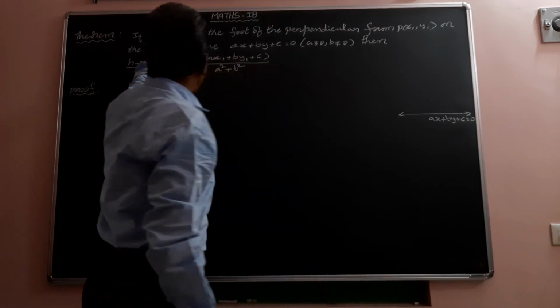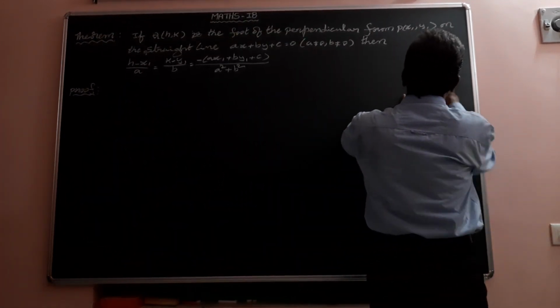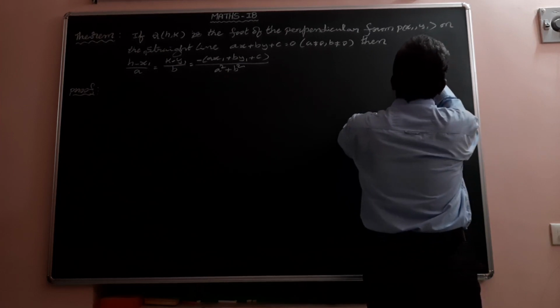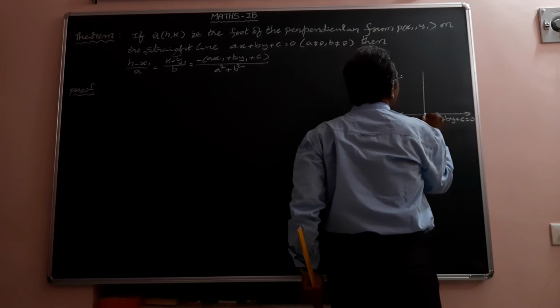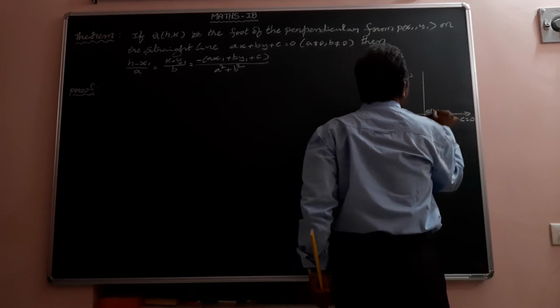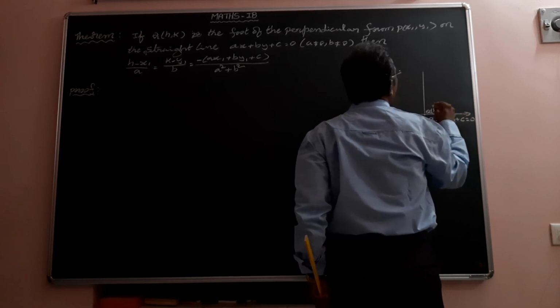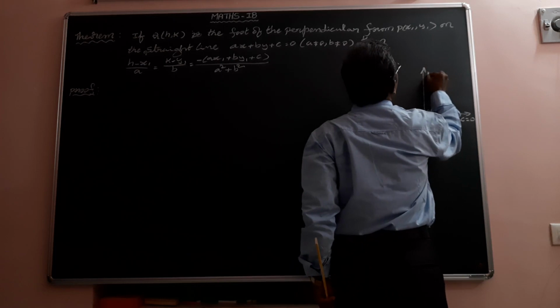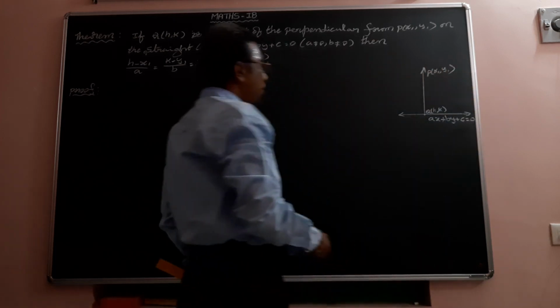Next, Q of h comma k is the foot of the perpendicular. Now we draw the foot of the perpendicular. This is Q, Q of h comma k, the foot of the perpendicular of P of x1 y1.